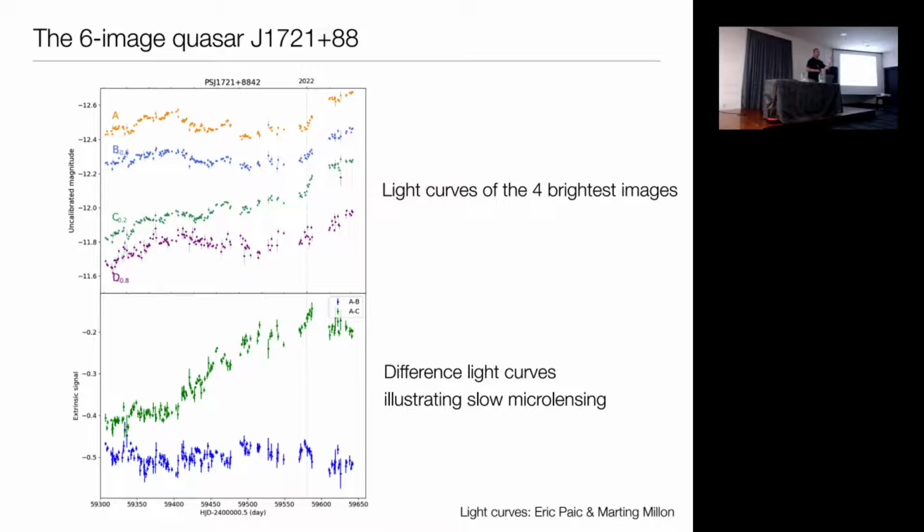Now, if you have microlensing in one of the images, for example, in B, that's what you get. You remove what the curves share, the intrinsic variation of the quasar, but not the microlensing. That's what we are fighting with the high cadence observation. So that's a nice example. You know, it's not small variations. This is 0.7 magnitude in 1 year.